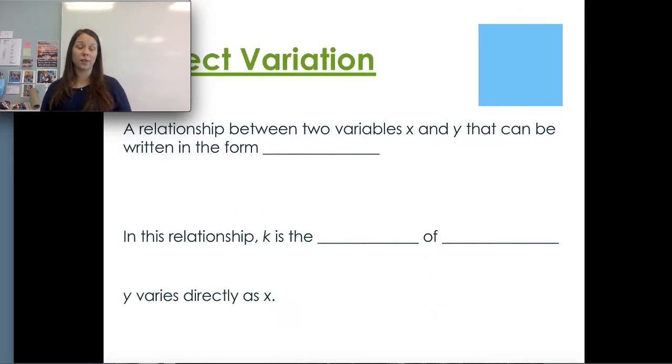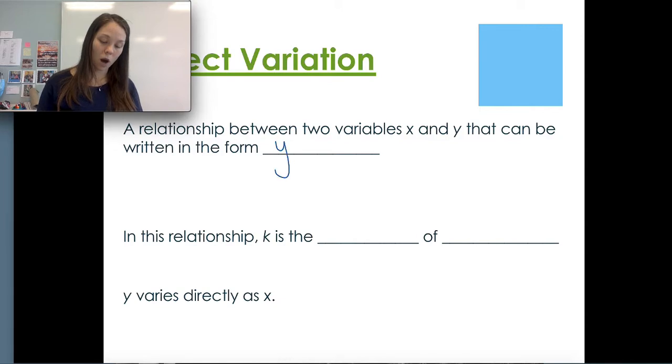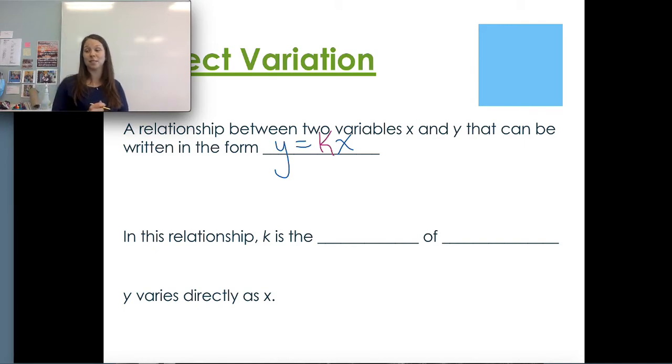So what is direct variation? This is likely a new term to you, but it really is not that unfamiliar a concept. Direct variation is a relationship between two variables, x and y, that can be written in the form y equals k times x.